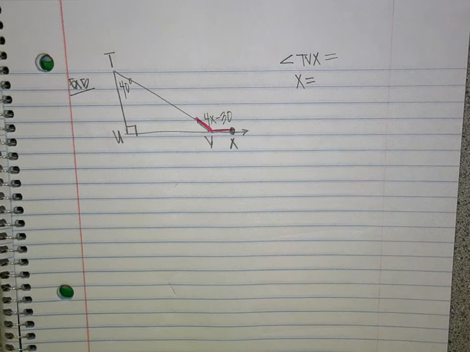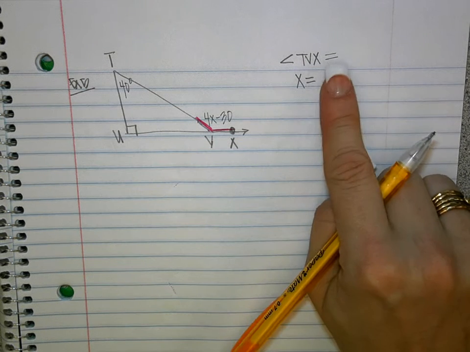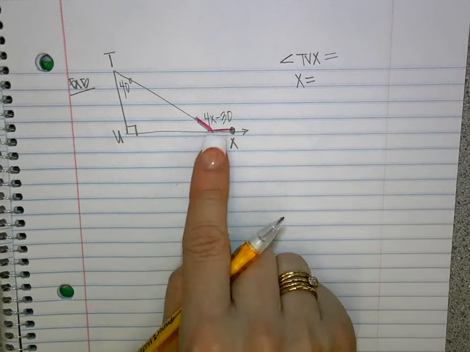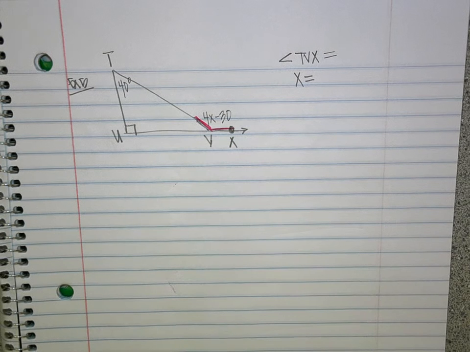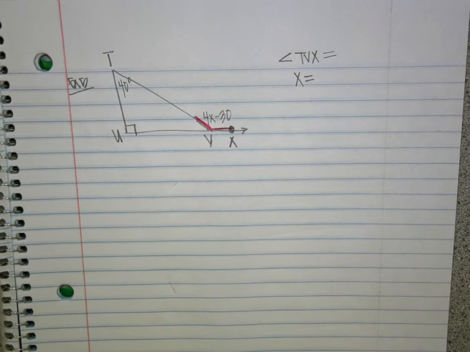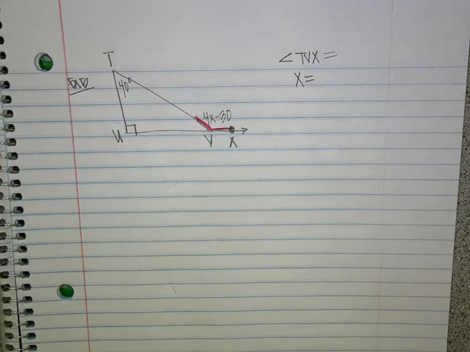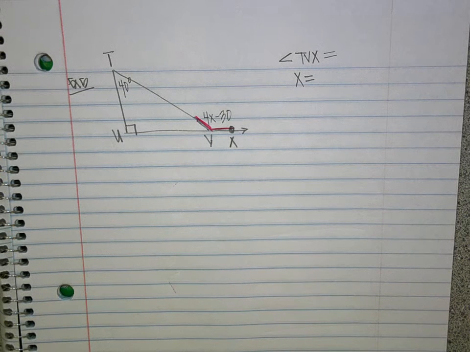It's actually easier to do the angle first. What is this whole angle equal to? What's the measure of angle TVX? Like a number answer. 130.